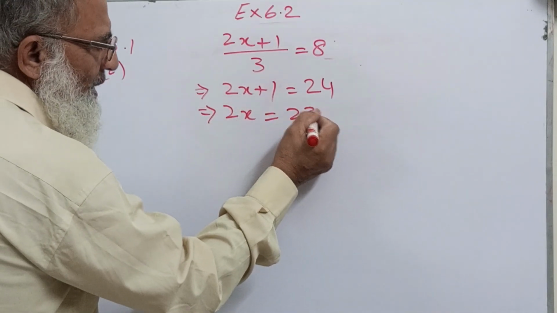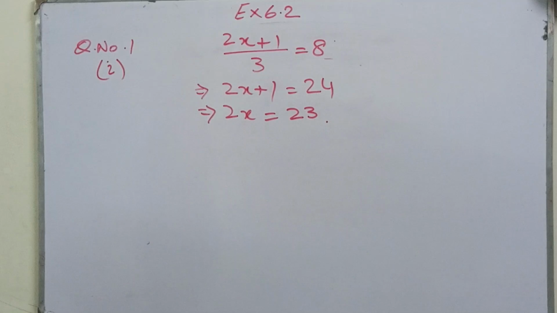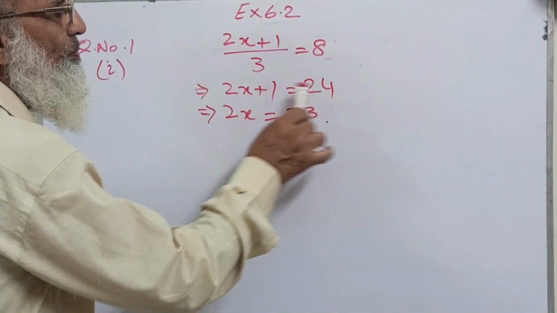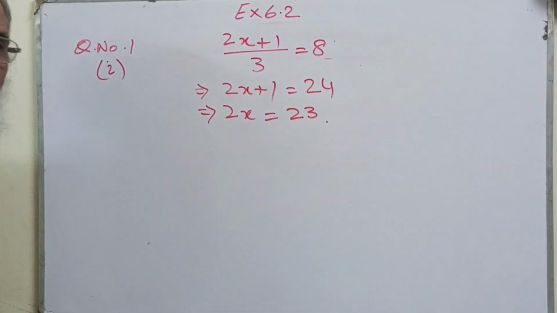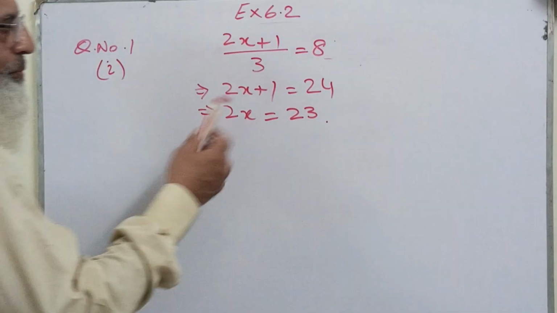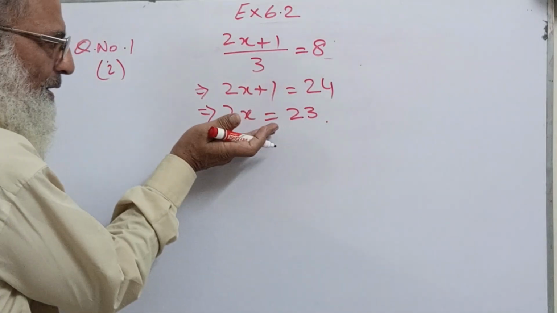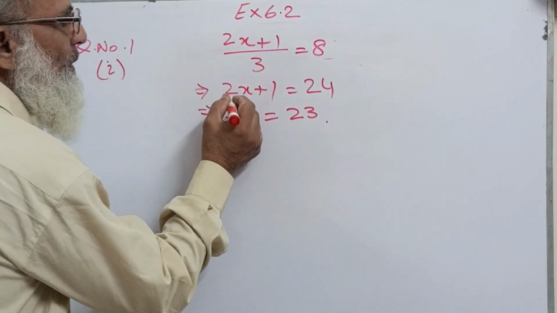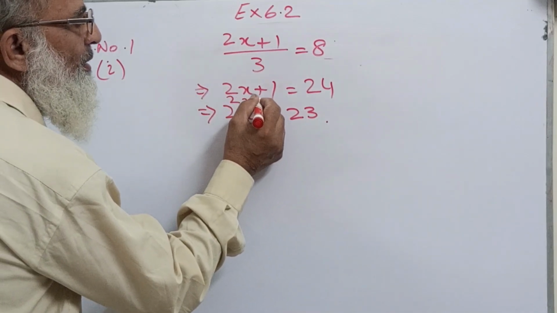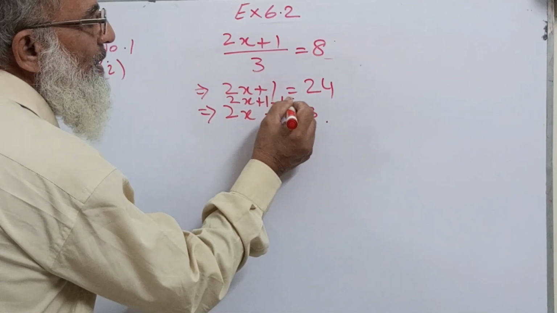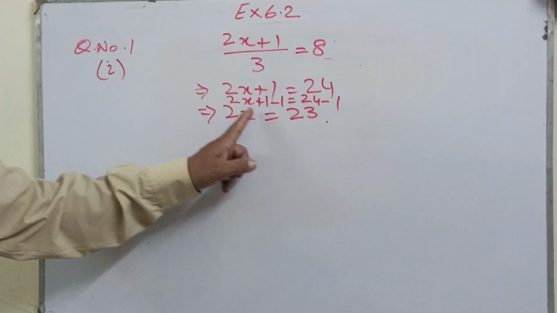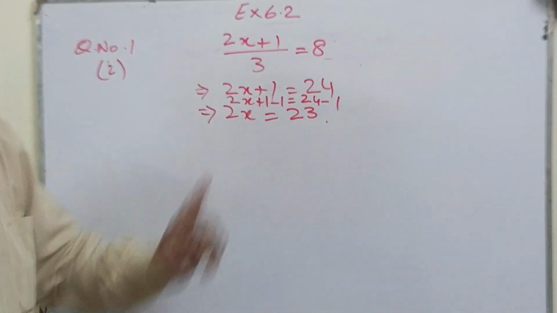Now I am going to do it directly. It will become 23. How has it become 23? I have just subtracted 1 from 24, because prior to this step, the step is 2x plus 1 minus 1 is equal to 24 minus 1. 2x plus 1 minus 1, 24 minus 1.